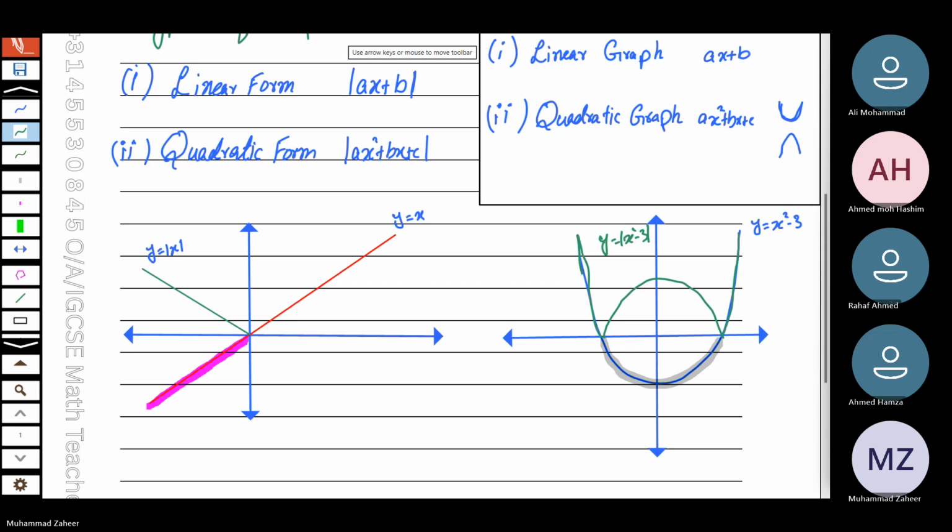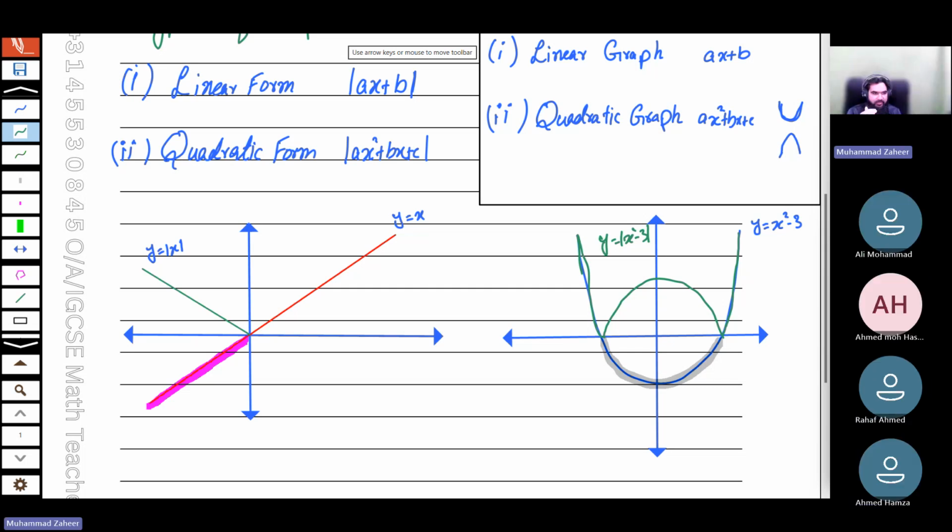Clear. Okay. So simply what the modulus graph will do is change the negative portion into the positive one. Means, for example, if it is negative 1, now it will become positive 1. If it is negative 3, it will become positive 3. If it is negative 4, it will become positive 4.